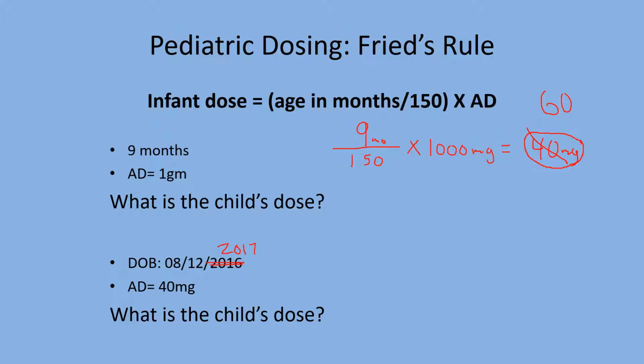Yeah, about 10 months. So they're about 10 months over 150, and the adult dose is 40. So this child will get how much? 2 point something? So a little itty bitty amount for this child. So that was Fry's rule for children, infants under 1 year of age.